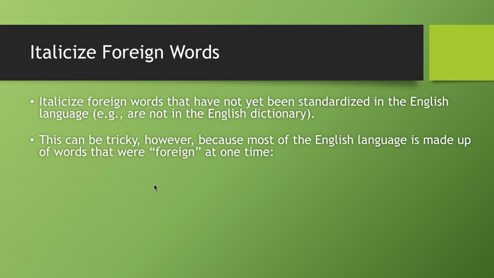So we're still doing this. English is an ever-changing language. So in the past, we took words from other languages and sometimes kept the meaning, sometimes changed the meaning, sometimes kept the spelling, sometimes changed the spelling, and said these are our words now. And we still do this to this day.